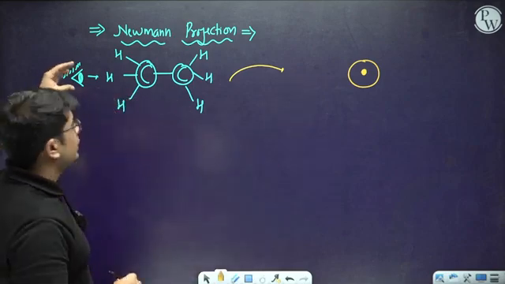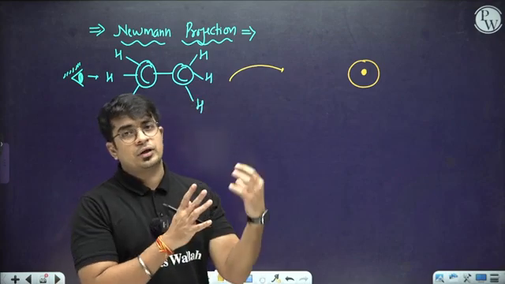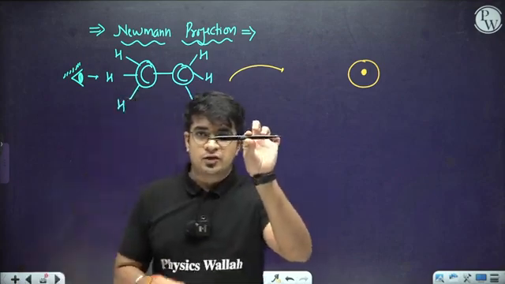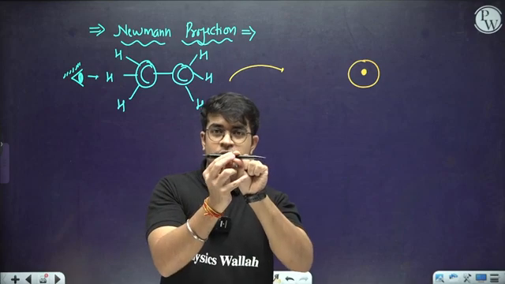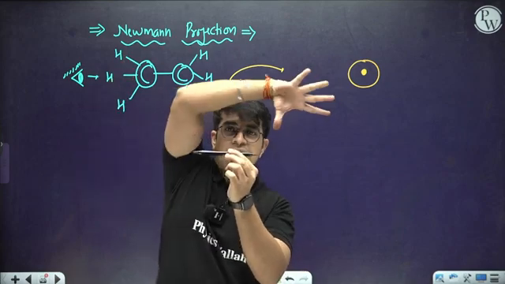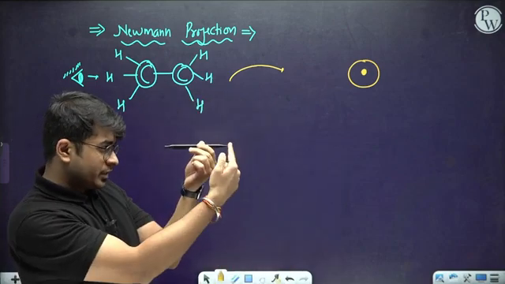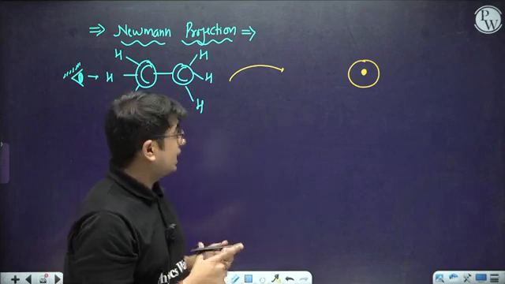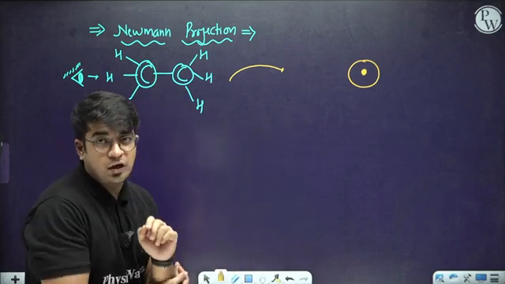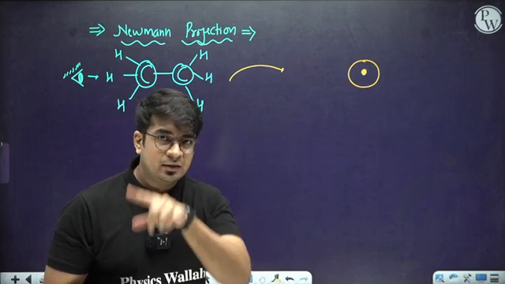It's all about the orientation, about looking at a molecule from a particular angle. I have one carbon and another carbon, with a bond between them, and 3 hydrogens on each. If I look at the molecule like this, I can see only the front carbon, but I cannot see the bond between these two carbons. That's why I make the front carbon a dotted one and the back carbon a round one.